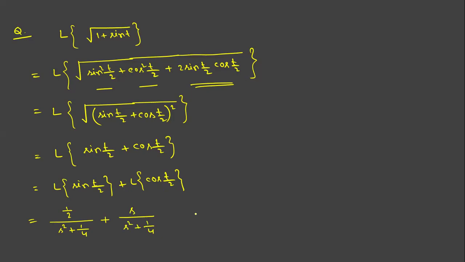If you want to simplify this, this will be 2 by 4s square plus 1, plus, from here you will get 4s divided by 4s square plus 1. So after simplifying this, you are getting 2 into (1 plus 2s) divided by (4s square plus 1). This is the final answer.